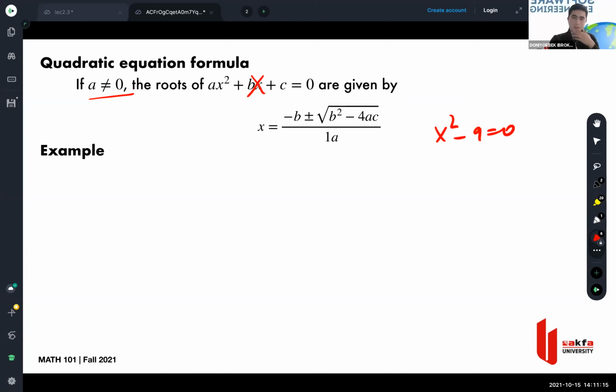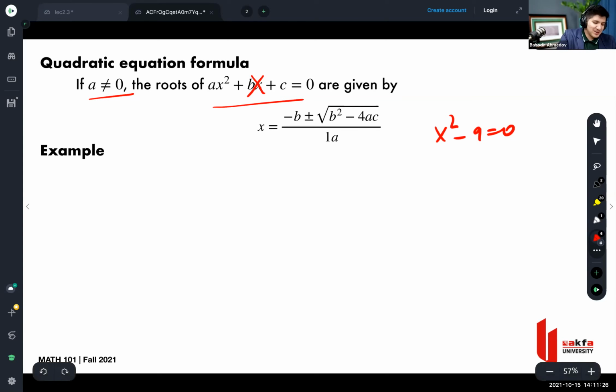Well, I think in that case, x has two answers, -3 and 3. Okay, but in general, this one, x squared minus 8x plus 9 is equal to 0, also has two answers, isn't it? Okay, so this is also a quadratic equation.